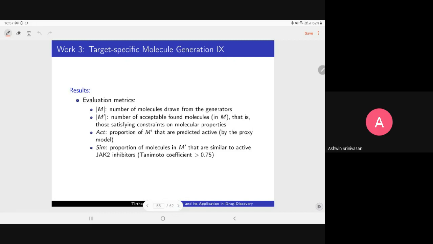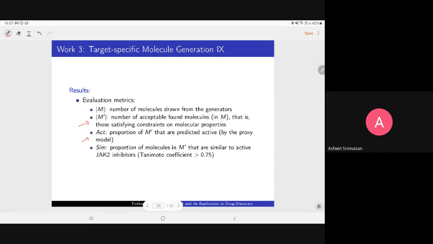The evaluation metrics are these. We need to sample a bunch of molecules from these generators and see how many of those are acceptable. Acceptable are those which satisfy the BG constraint, that is, they satisfy the molecular properties that we are interested in.